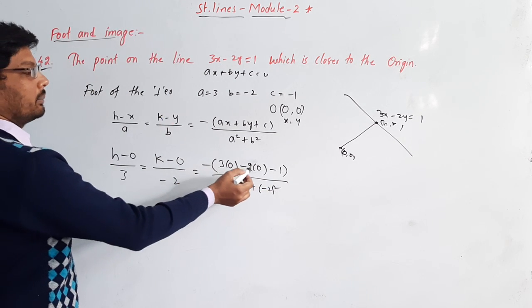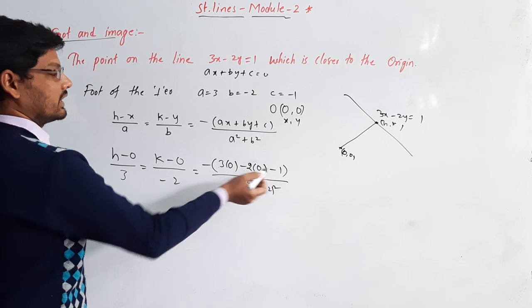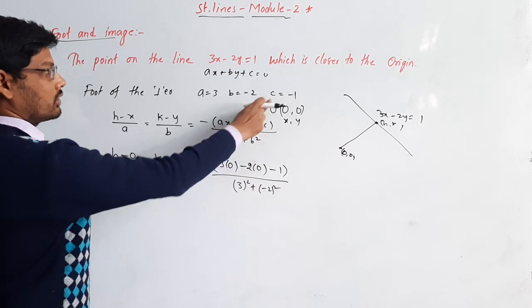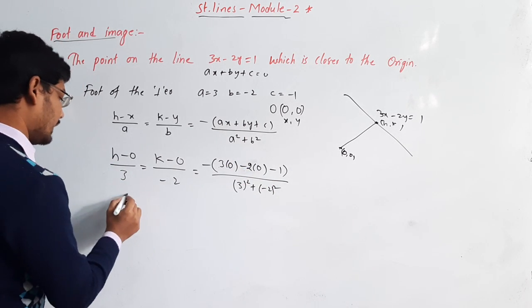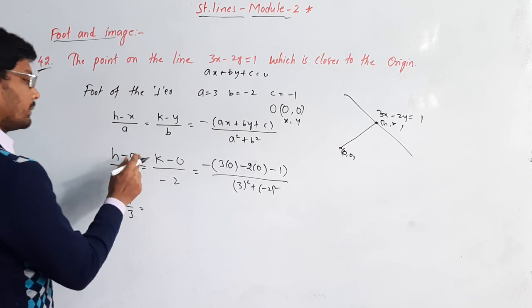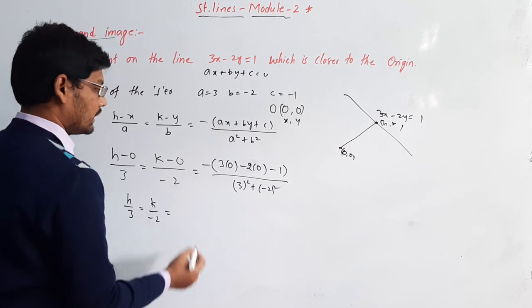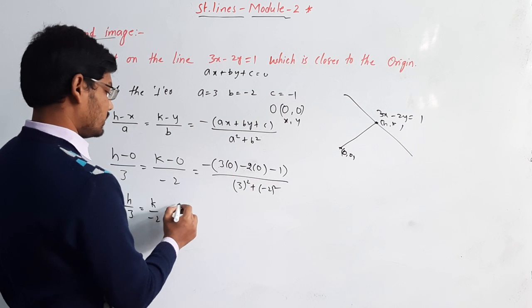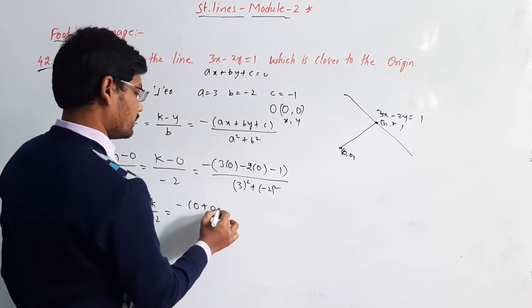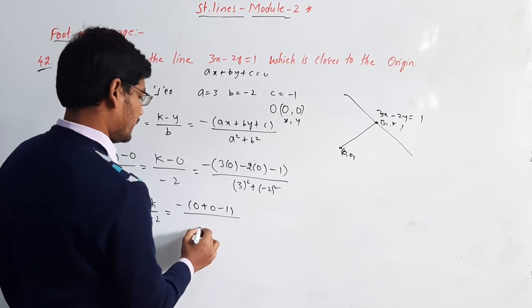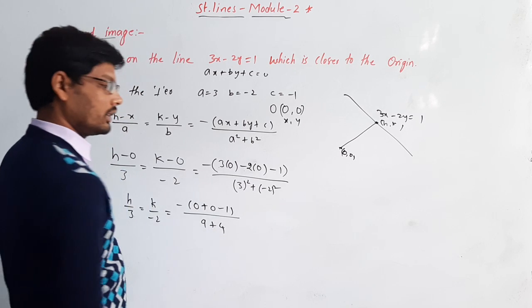So h minus 0 is h by 3, k minus 0 is k by minus 2, and minus into minus will be 0 plus minus 1 here. So this by 9 plus 4.